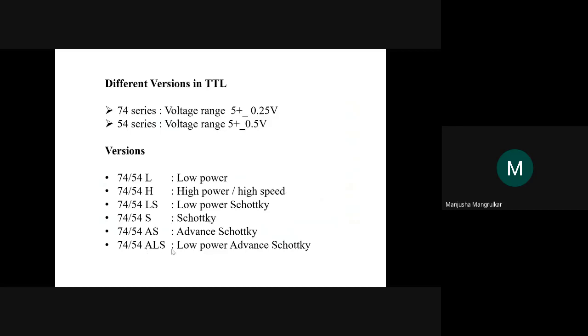And ALS, advanced low power Schottky series, right? So these are the various versions of the TTL ICs, 74 and 54. Then 7400, then 7404. So 04 means it is a not gate IC, as we have seen in the practicals, right? So it is the same as the series of 74 and 54 in TTL.